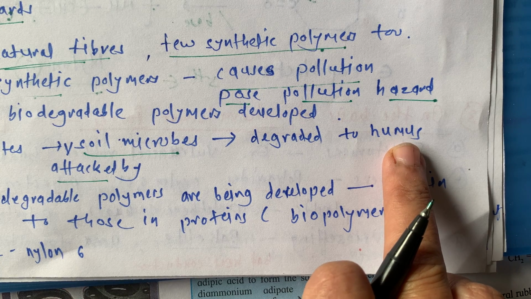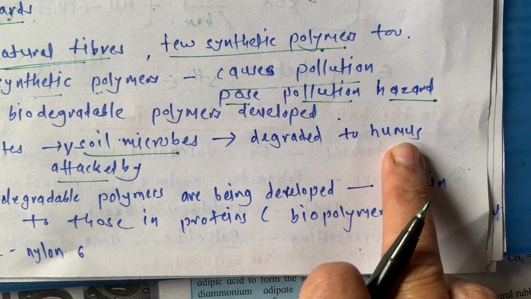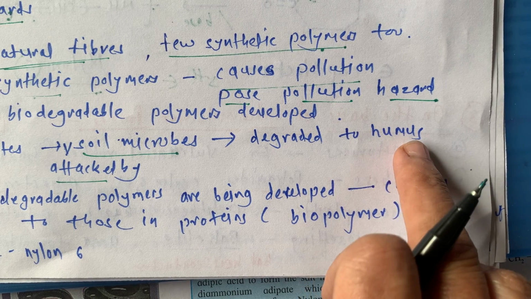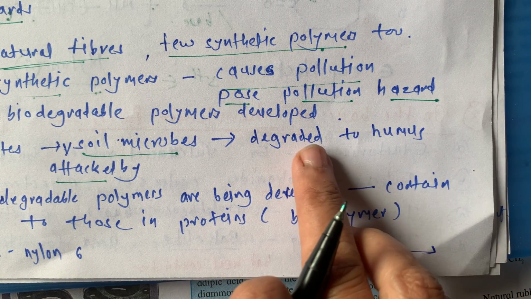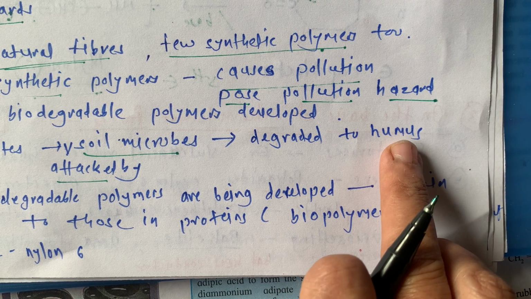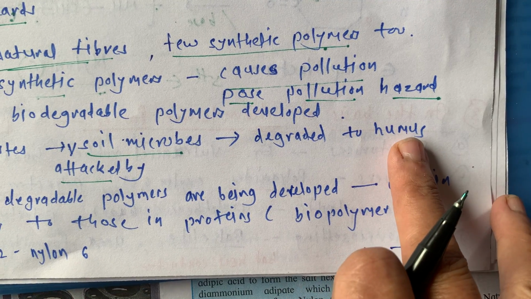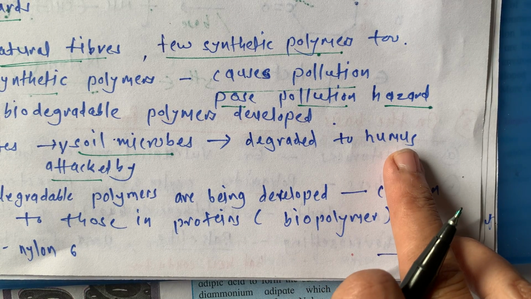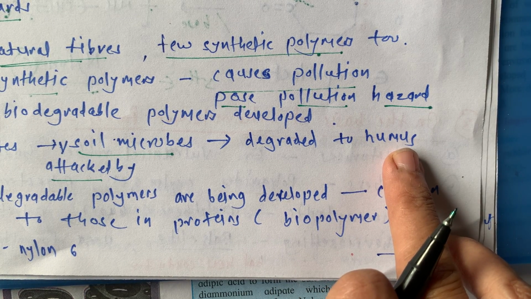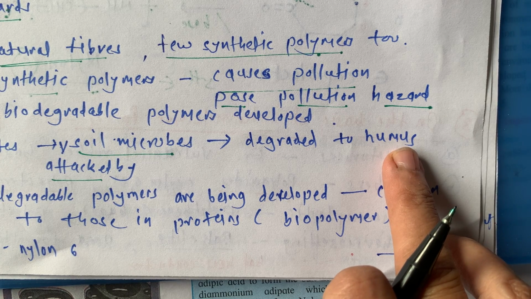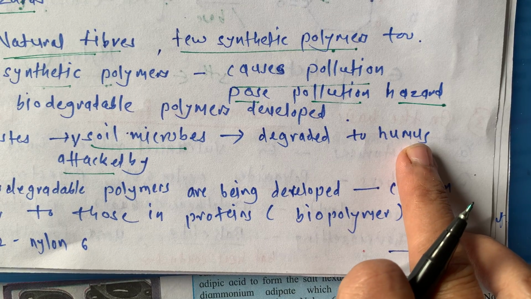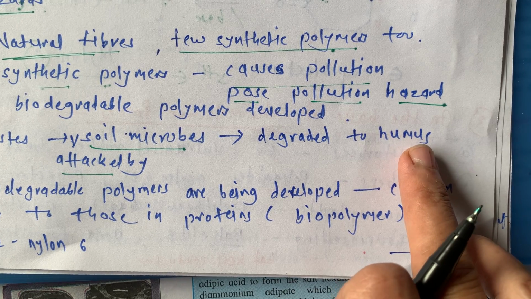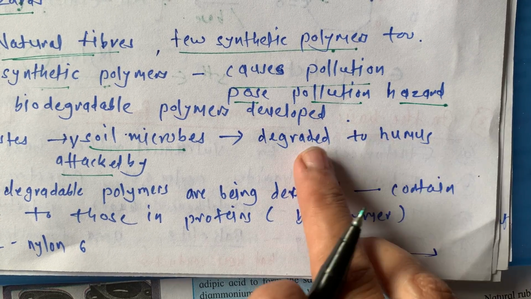You can even put your cotton cloth or your hair, which is also nothing but a polymer, and it is converted into humus. Hummus is also a food spread, but here humus is used in another way.